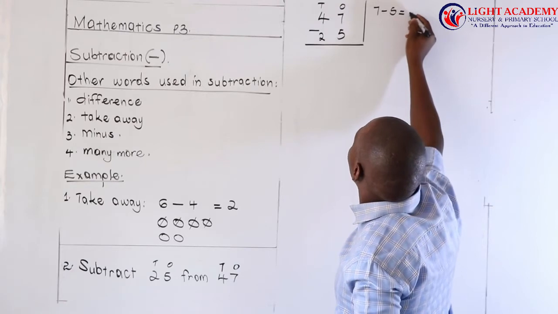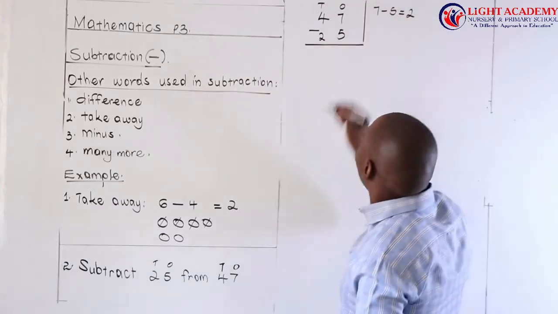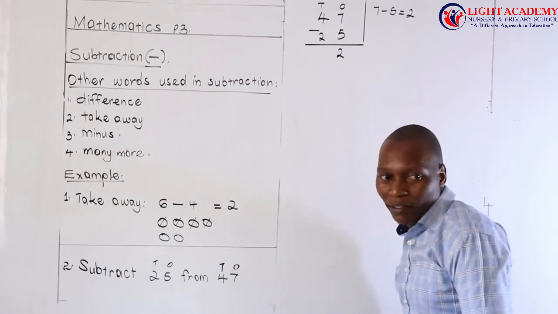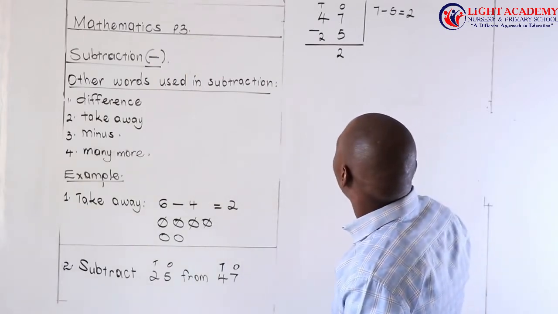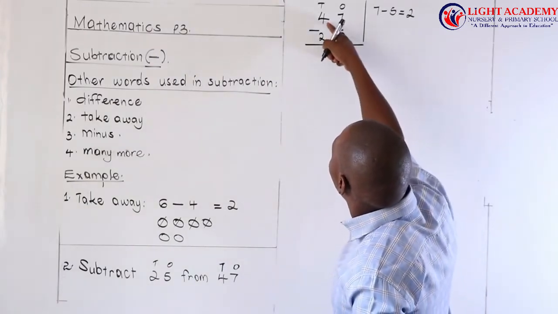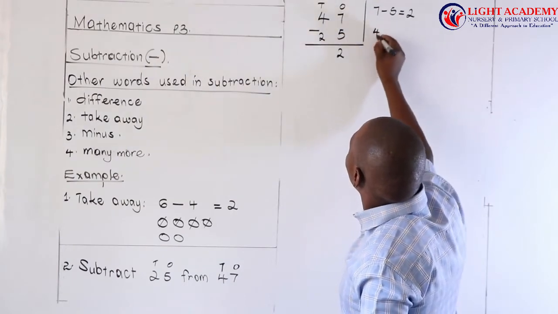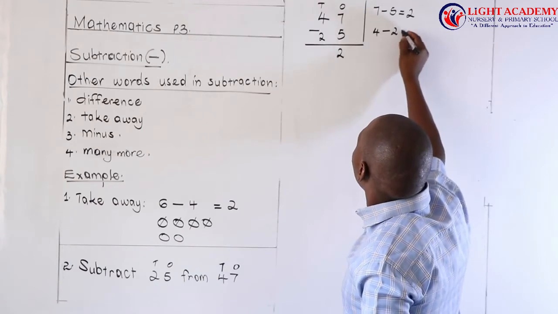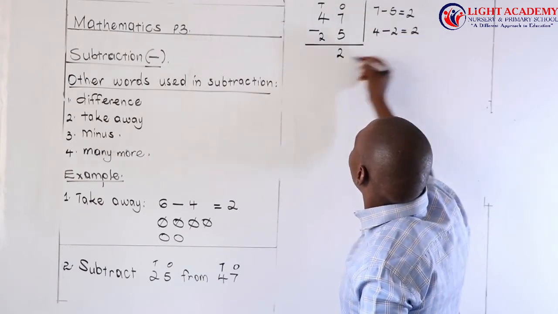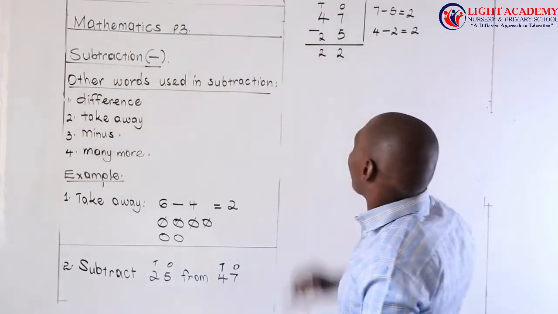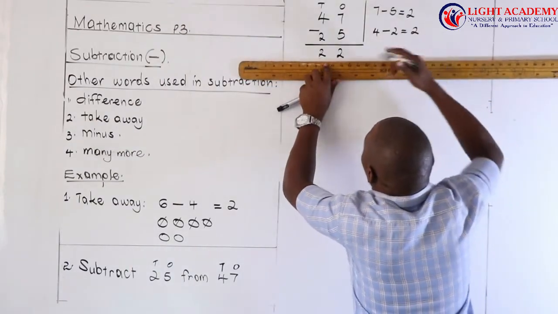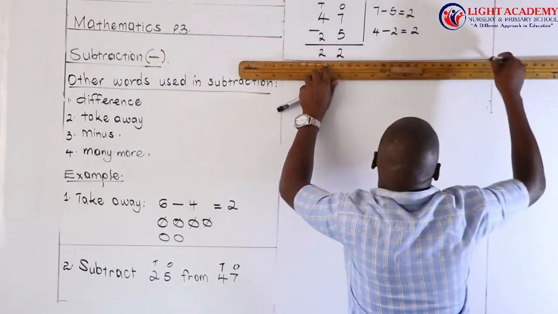The answer I get is 2. So I can just put that answer I've gotten down under the ones. Then I'm having another one, which is the 4 under the tens. Take away 2, which is under the tens. The answer I get is 2. Then I put that 2 under the tens place value. So I will have gotten this answer at this level.